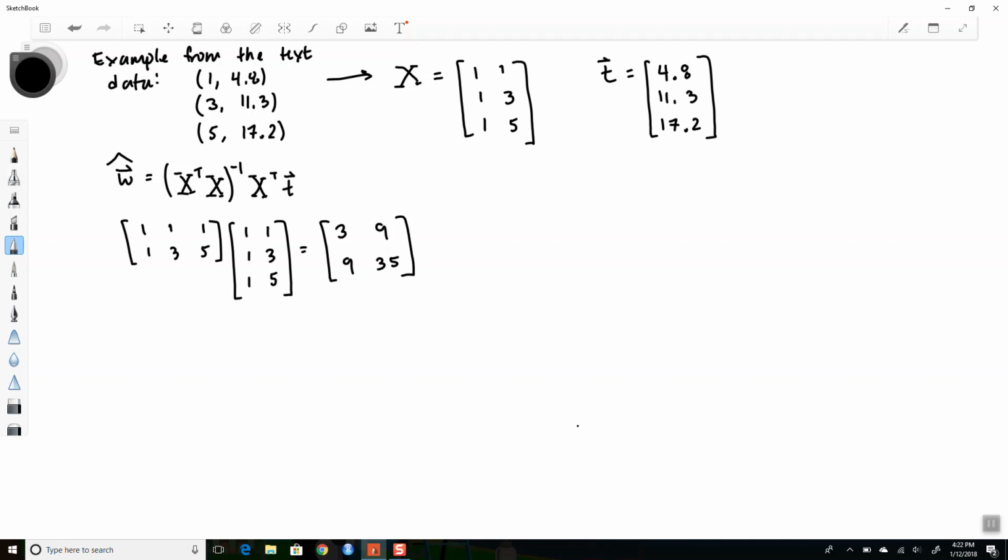And so, you know, there are different ways for finding this. Here this is equal to x transpose x.